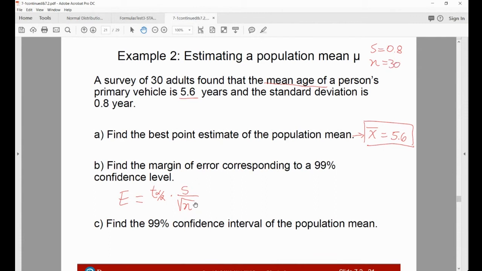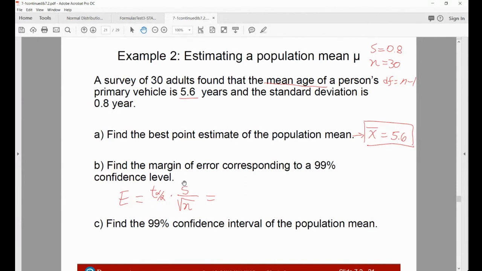So we have S, we have n, so we need to find T using the confidence level. What's the confidence level? 99%. Okay, so remember in table F, you need to use the correct number for degrees of freedom, for DF. And DF is n minus 1. So this is the formula that we need to use.